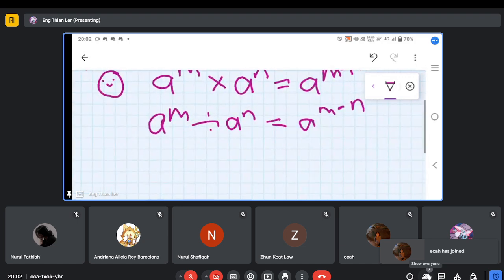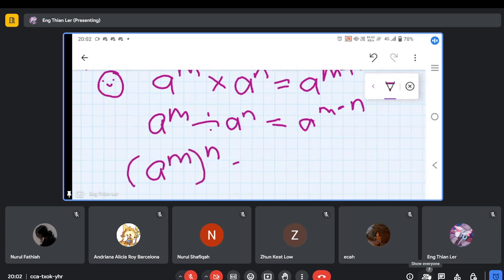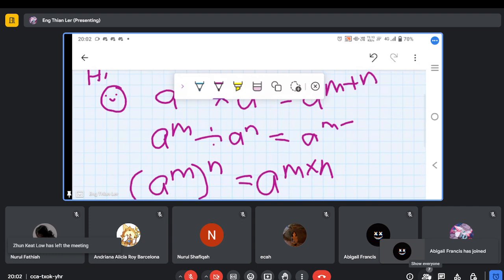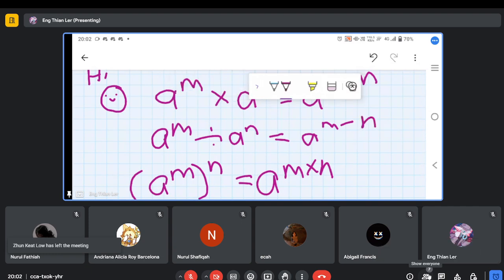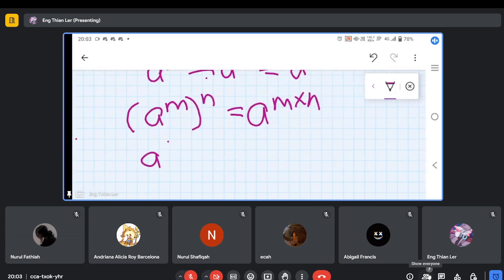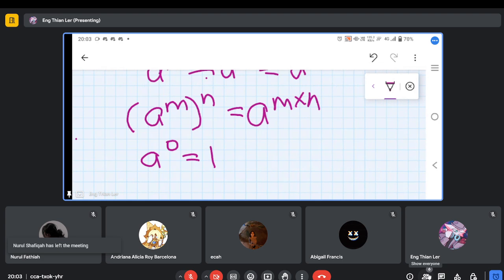And the third one is when you have a power of something and then you raise that again to a power, you get a to the power of m multiplied by n. And then a to the power of 0 is 1.